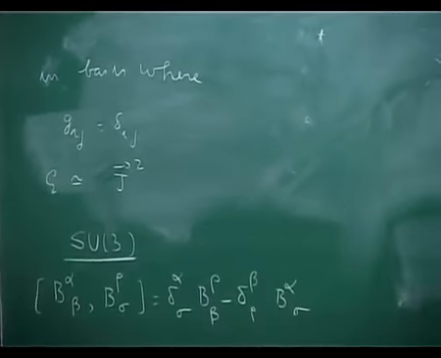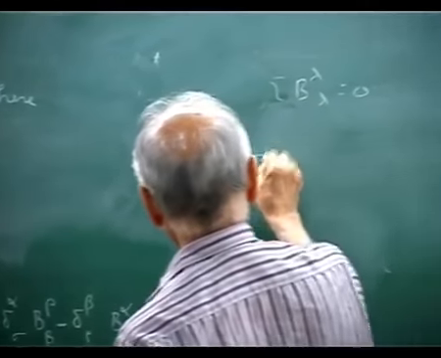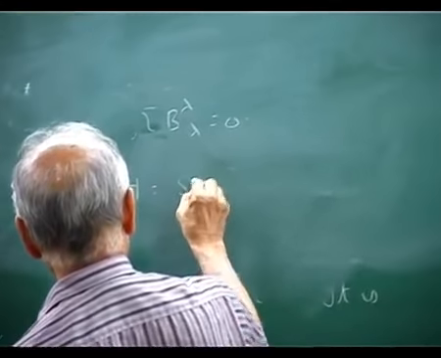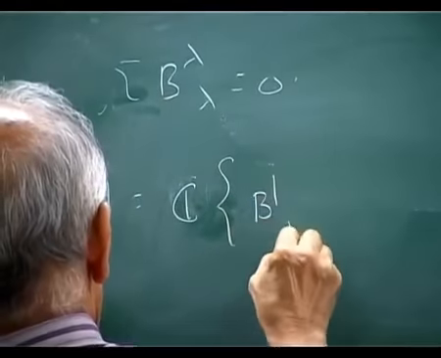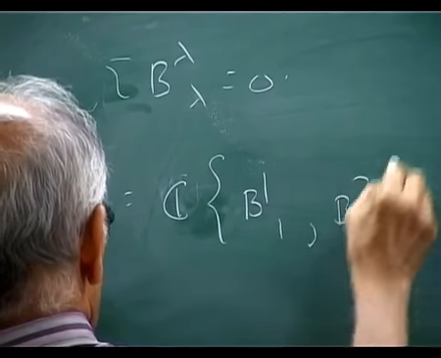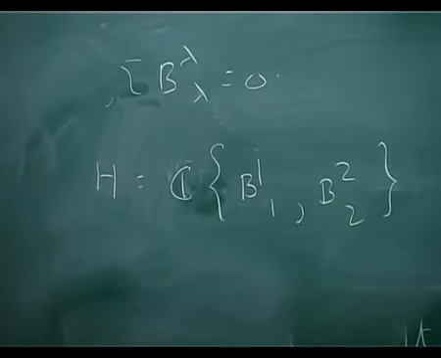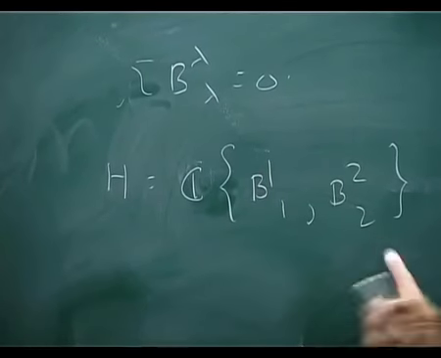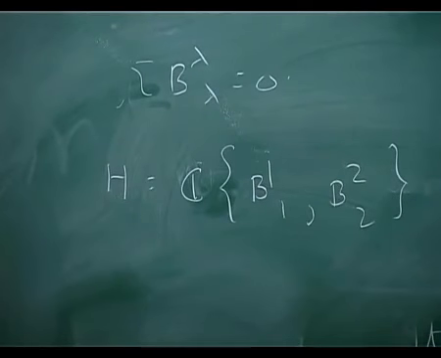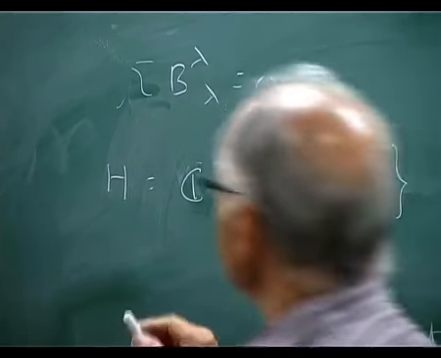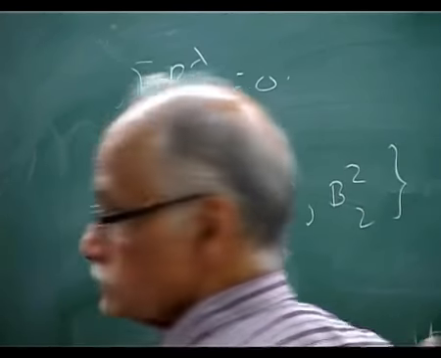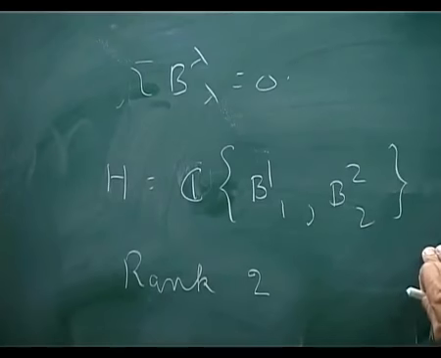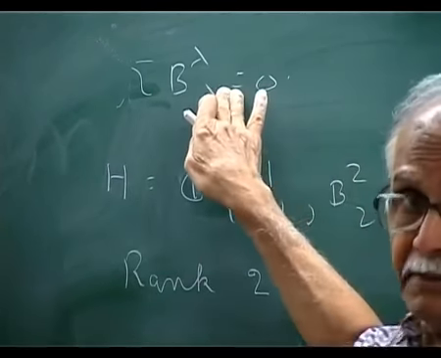So H is spanned by B11 and B22, because when I take the commutator I get delta_12, which is 0. So it is just 2 dimensional, so the rank is 2. B33 is fixed by B11 and B22 by this equation.